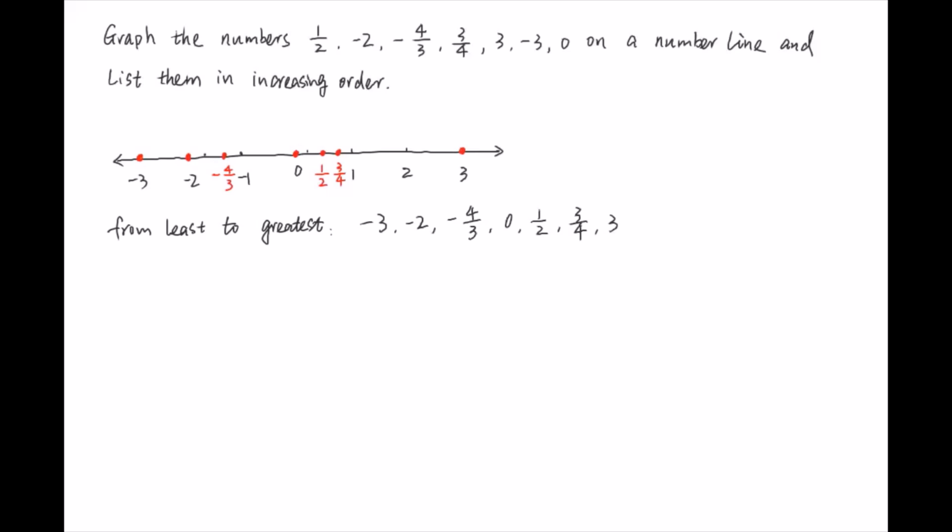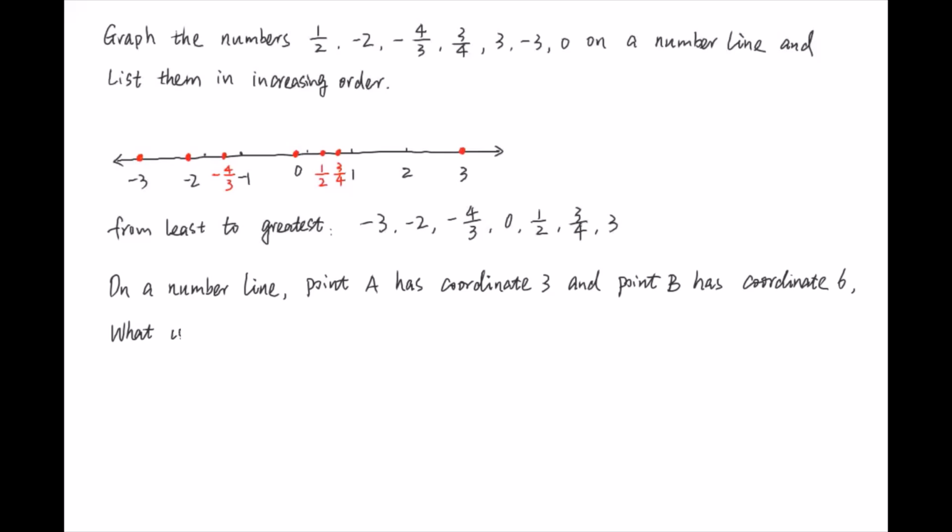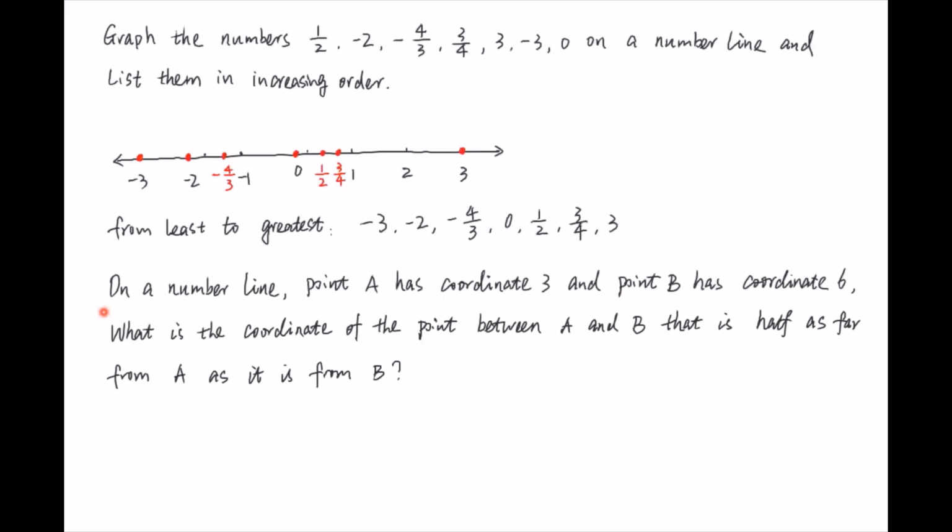Now let's see another example. On a number line, point A has coordinate 3 and point B has coordinate 6. What is the coordinate of the point between A and B that is half as far from A as it is from B? So first we can draw the number line.